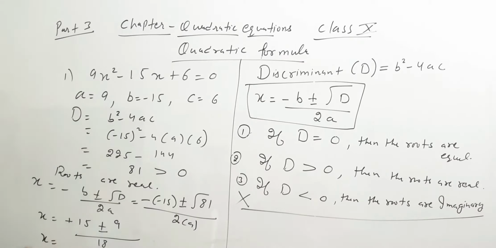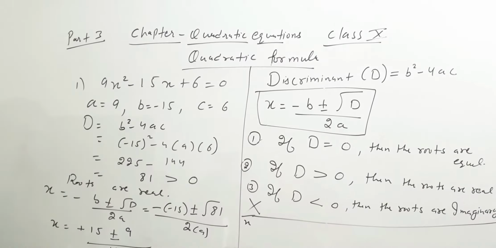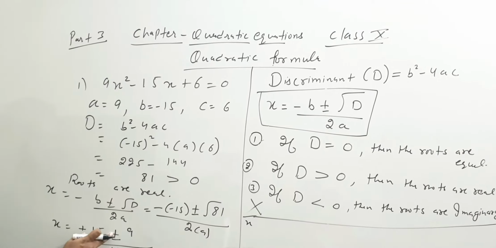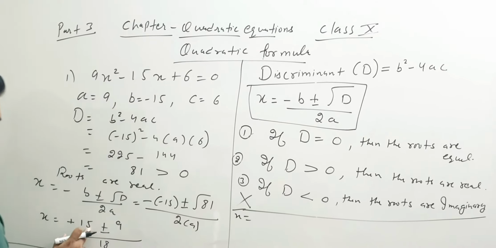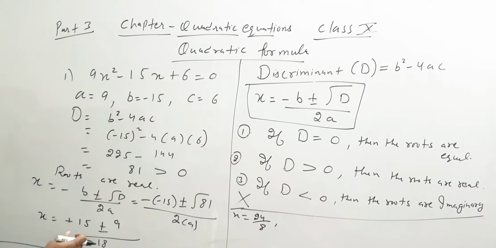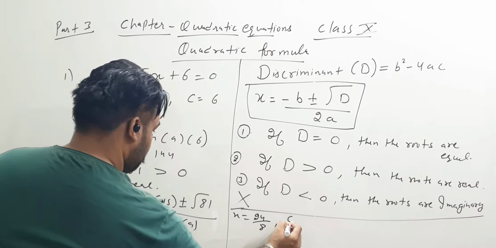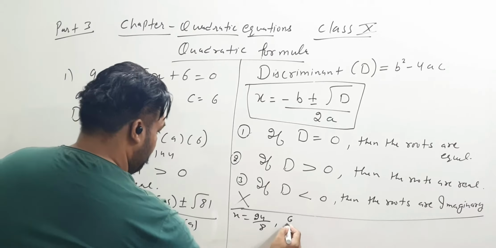Now we will take the positive sign. X equals 15 plus 9, that is 24 by 18. Now we will take the negative sign. 15 minus 9 is 6 upon 18.